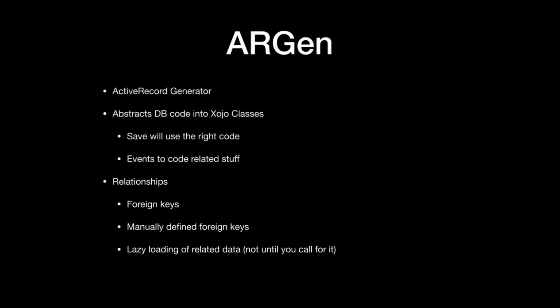So with ActiveRecord itself, you set it up, you load the database, and it handles the relationships for you. If your database has foreign keys set up in it already, we'll read it and we'll display those relationships for you. But one of the key things that we needed to add was the ability to define manual foreign keys.